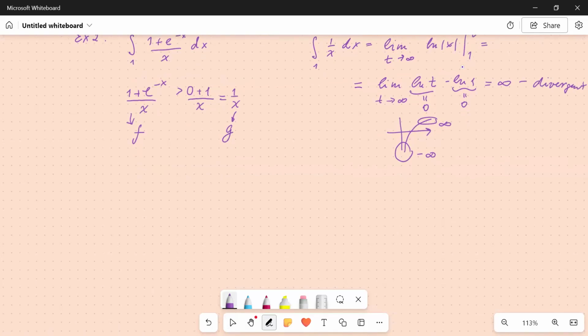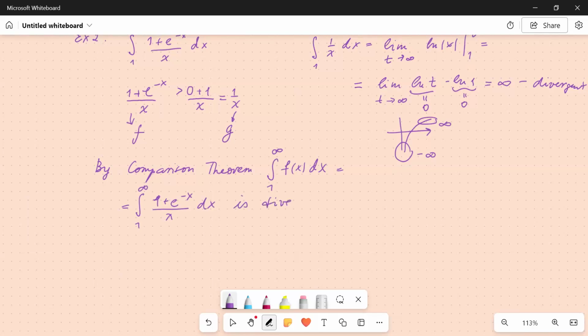Now you are going to say by comparison theorem, the integral of f of x dx from 1 to infinity, which is the integral of (1 plus e to the negative x) over x dx from 1 to infinity, is divergent too.